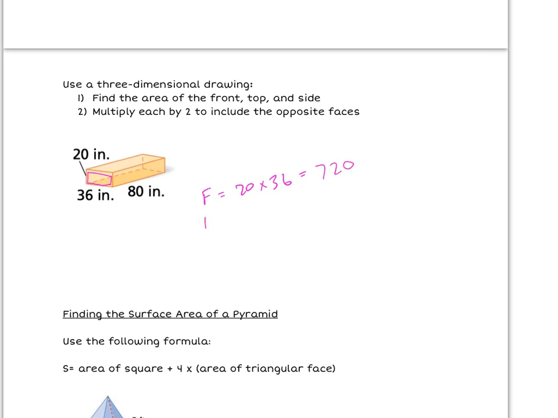And then we'll do the top, which we'll do in red. So here's our top here. That would be 36 times 80, which gives me 2,880. And then we'll do just one side. We'll do that in purple. And there's our side there, which is 20 by 80.